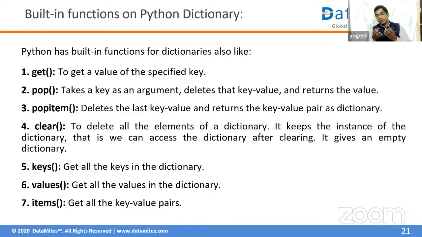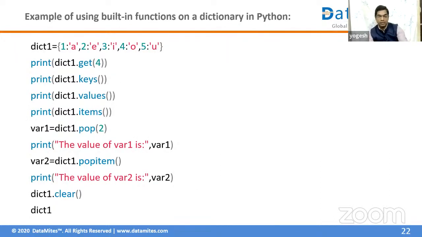Values is going to show only the values, because it is a combination, right? So it has key and value. I want to see only the keys, I go with the keys method. Only the values, I go with the values method. If I want to see pairs, I go with the items method. So keys, values, items. This is how it's going to be.